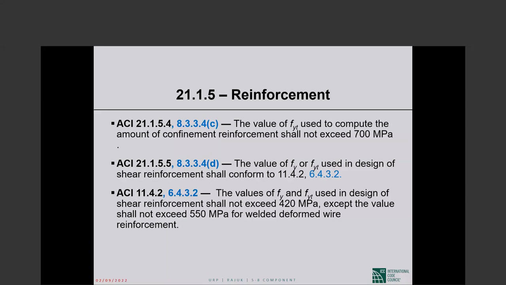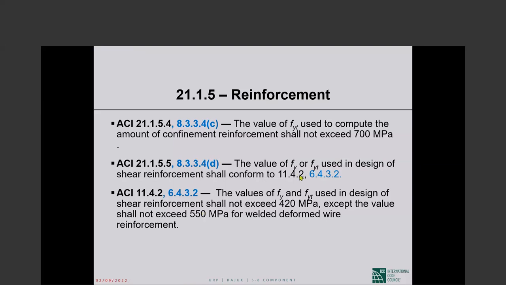It also carries shear for you. As long as you are dealing with the confining role of the transverse reinforcement, the limit on strength is 100 ksi. However, when you are designing the same reinforcement to act as shear reinforcement, you cannot utilize more than 60 ksi yield strength.